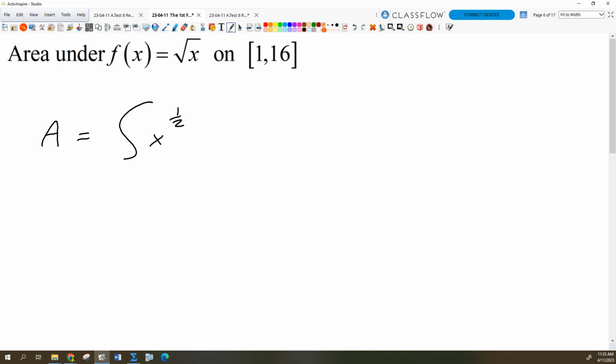Okay, so x to the 1/2 dx from 1 to 16. Okay, so what is the antiderivative of x to the 1/2? 2/3 x to the 3/2. Good. Okay, so we get 2/3 x to the 3/2, and we're going to evaluate that from 1 to 16.